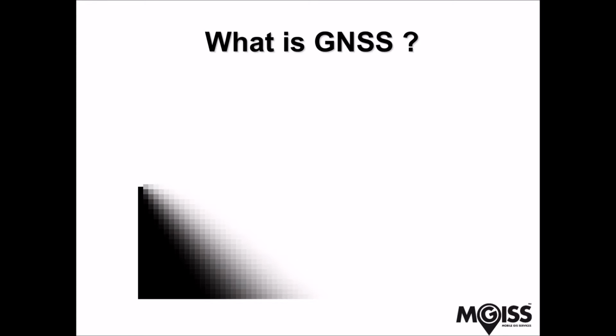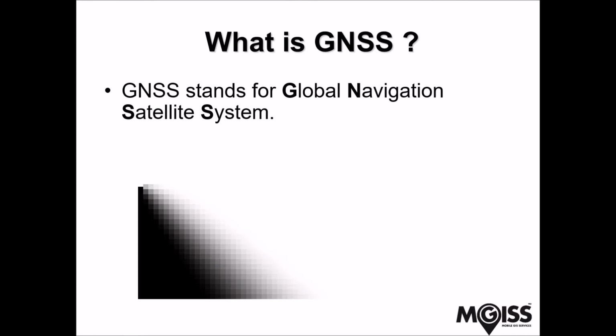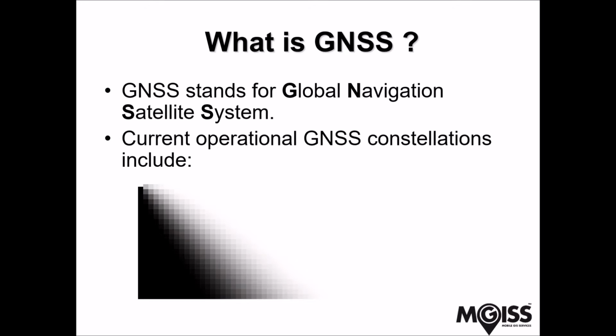But more often now you'll hear us as technologists talking about GNSS as opposed to GPS. Where GPS is a more traditional term, it's actually part of a global navigation satellite system, and that's what GNSS stands for, for those of you that didn't know.